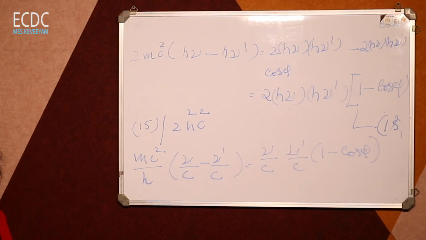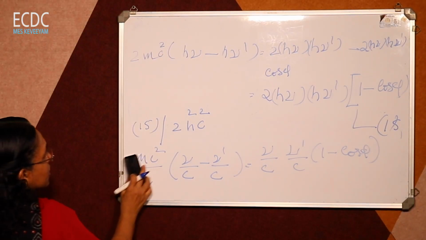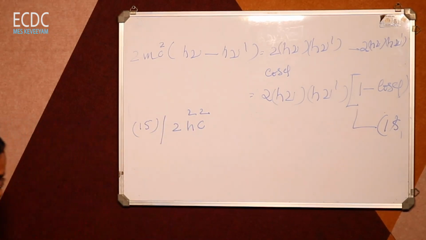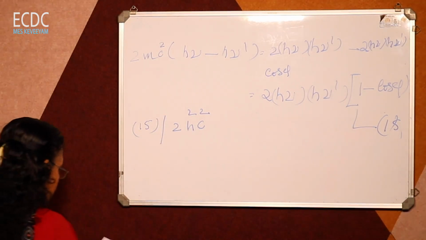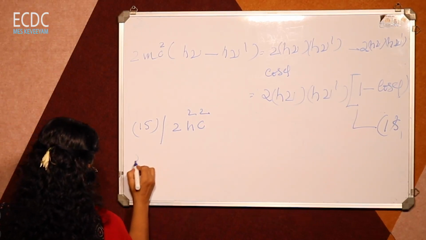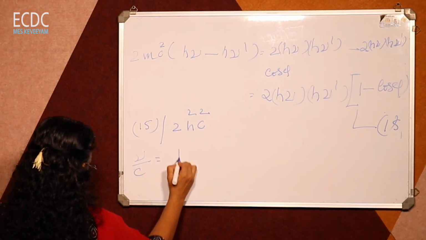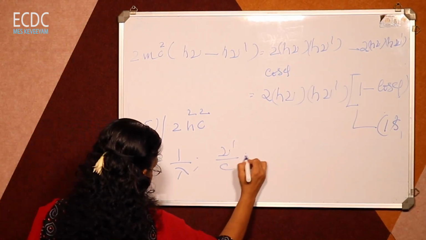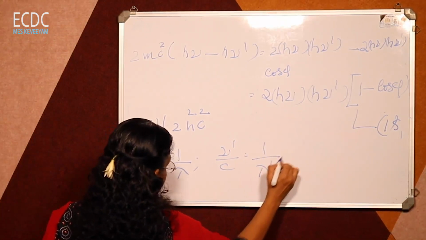Again it is better to write this expression in terms of the wavelength. So ν by c is equal to 1 by λ, and ν′ by c is equal to 1 by λ′.